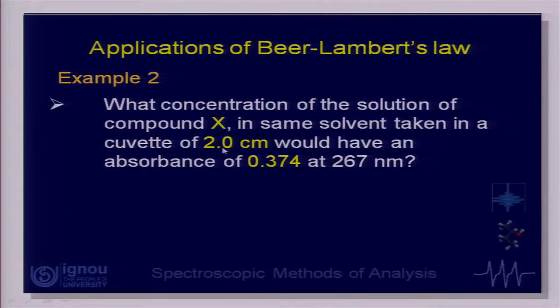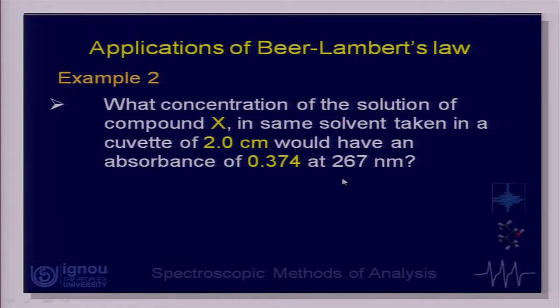Let me take the same compound X again. Now, I want to find out what concentration of the solution of the compound X, in the same solvent as we had in the first example, taken in a cuvette of 2 centimeter now, would have an absorbance of 0.374 at the same wavelength. Now, I have increased the thickness of the cuvette.